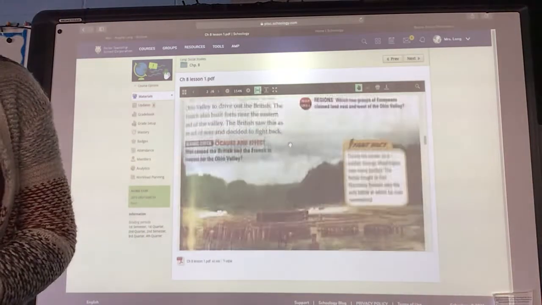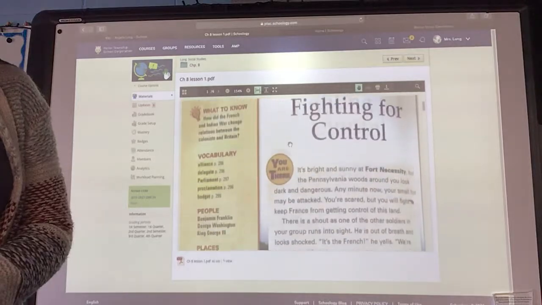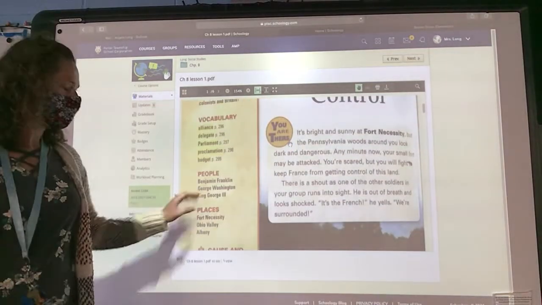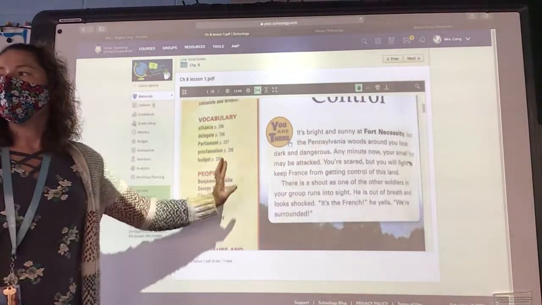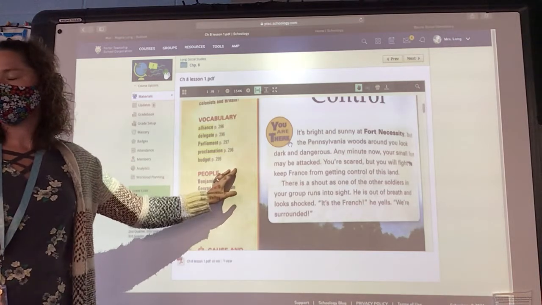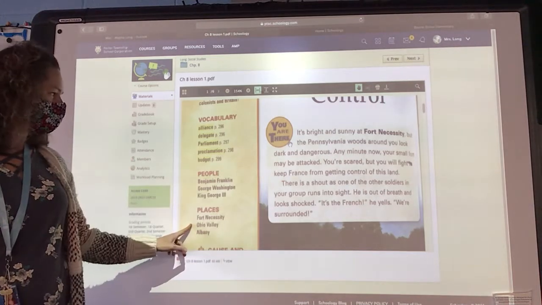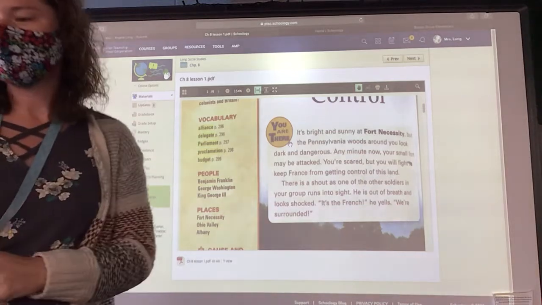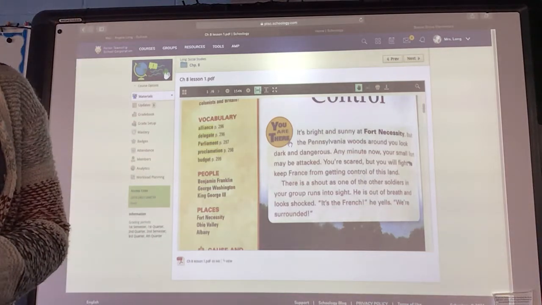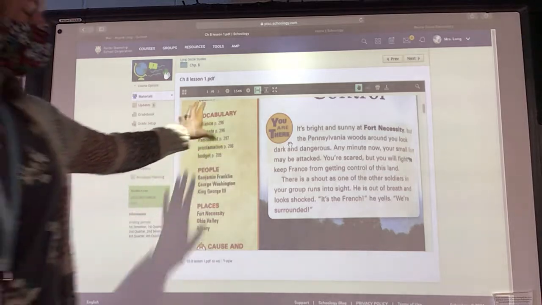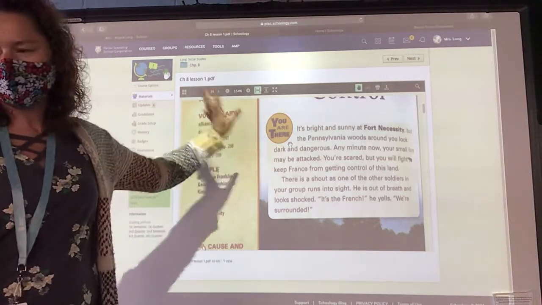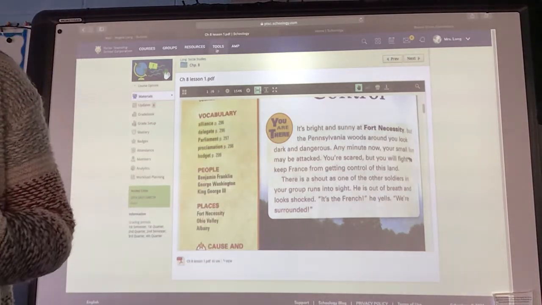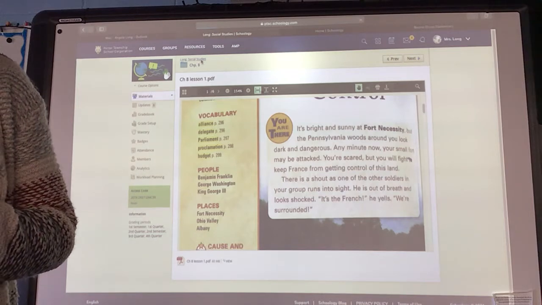So you have to go through, find those names, find those people, and write down why they are in this lesson. Same thing with the places. These words you can define, finding them in there using context clues. All right, that's your assignment for social studies. All the vocab, all the people, all the places for today. VPP in your notebook.